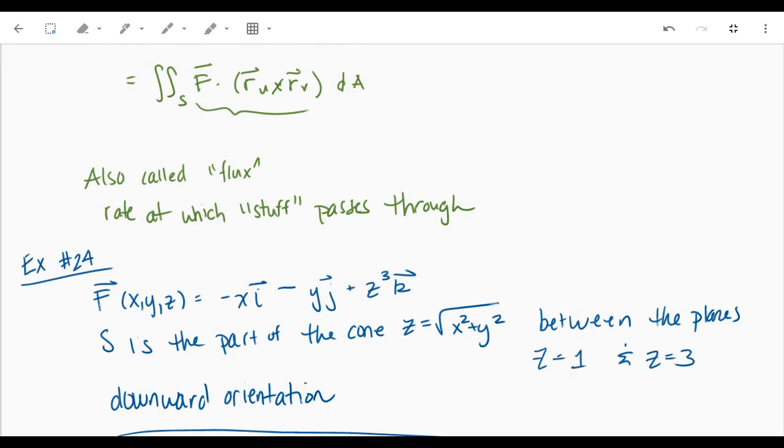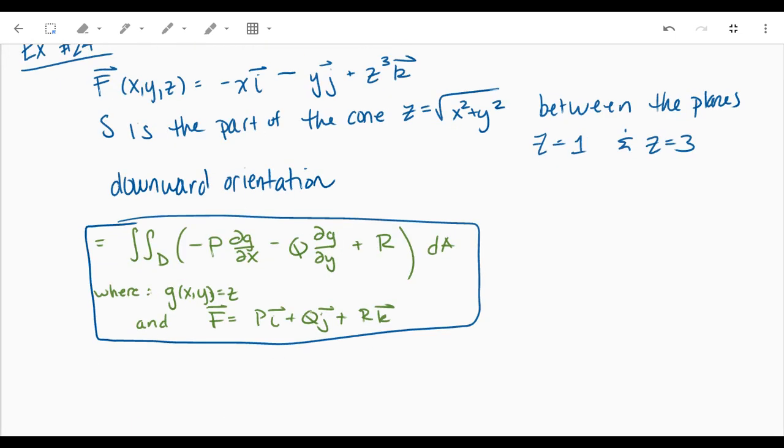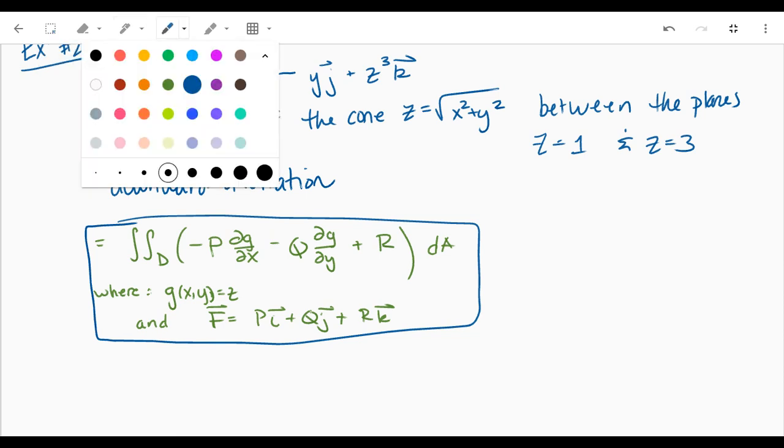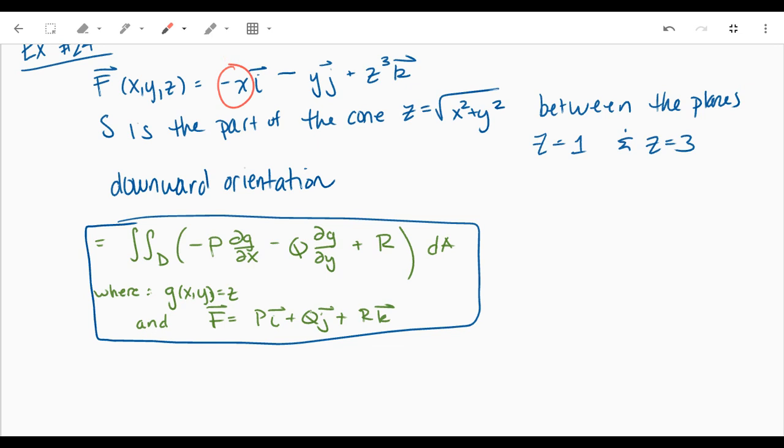Okay, so we're going to use this equation. So our F is, let's get a different color here. Here's P. Here's Q. And here's R.